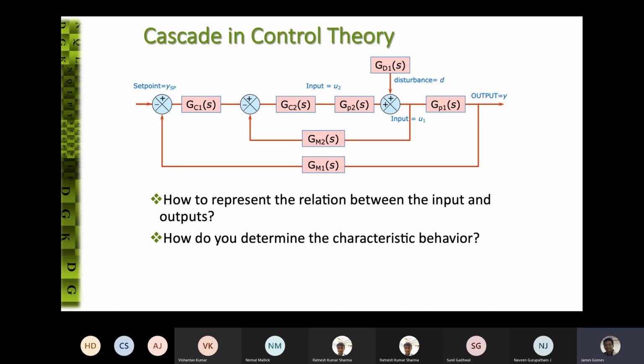So usually when we look at a cascade, there are usually two processes, one after the other, which are actually involved. So that is as GP1 and GP2 is shown here. And there is something that could be a disturbance from outside. And we'll be talking a little bit about this, that there are disturbances also within the cell and outside the cell.